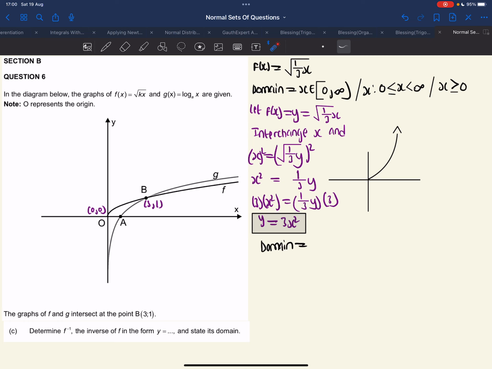So it's basically going to be x greater than or equal to 0, or in interval notation you could say x is an element of 0 included to positive infinity, and that's how you can write down your answer, which is the complete version of the entire answer. All right.